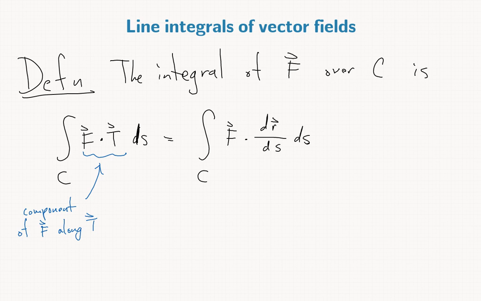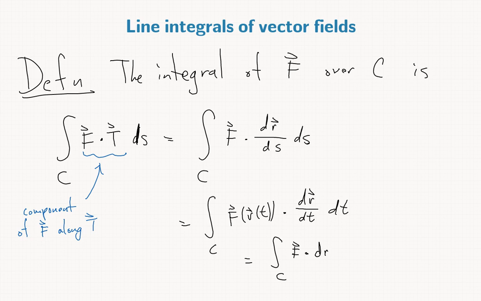Again, the arc length parameterization is very hard to find in general, but we can equivalently write this as an integral in the t variable: F dot dr by dt dt.